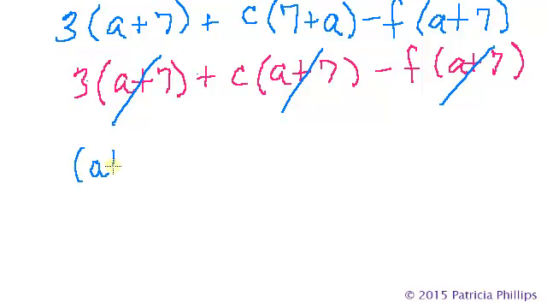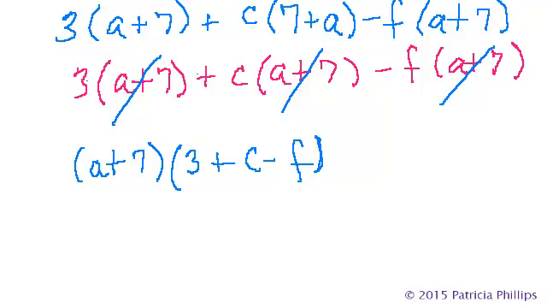And then we just ask ourselves, what's left over? Well, we have a 3, we have a c, and we have an f. So we multiply a plus 7 by 3 plus c minus f, and that's it.